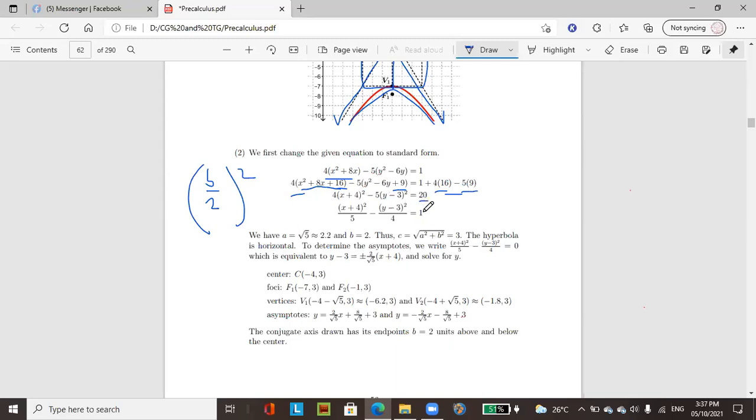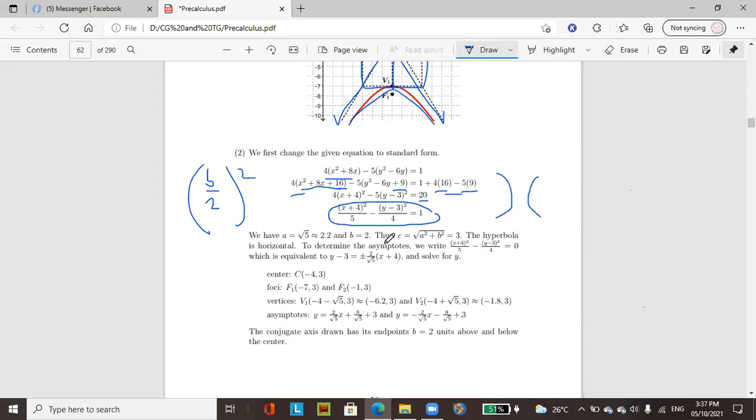So, 20 over 20 is 1. Then, 20 divided by 5 nahimo 4. 20 divided by 4 nahimo siya diri 5. So these are now the standard form of the equation of the hyperbola. So from this given equation, we know that our hyperbola is horizontal. Horizontal yung transverse axis.